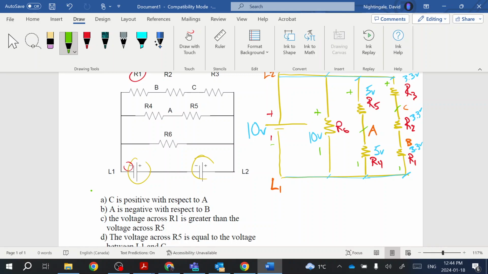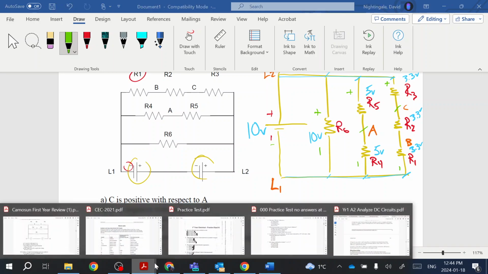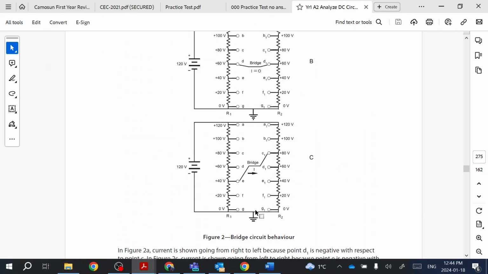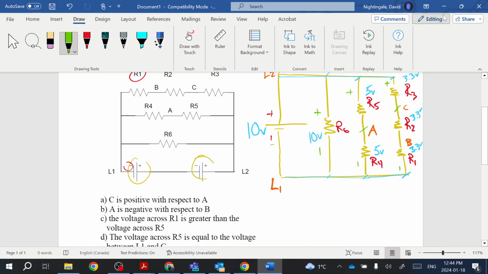Well, let's take a look. So if we just go back to our bridge here, as we're tracing through our resistors, we can start at 0 volts and work our way up to a positive value. All right, so our reference can be, we'll call it 0.